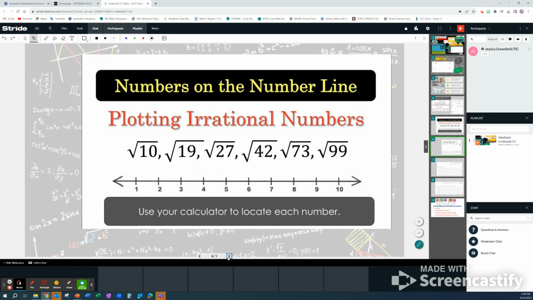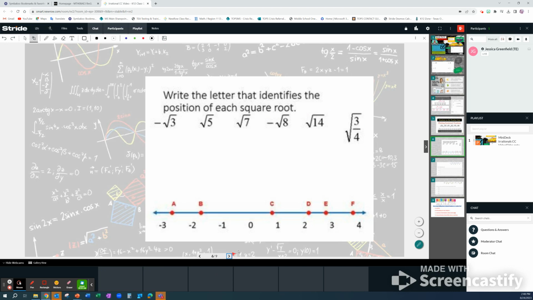All right, so just kind of skipping ahead. Write the letter that identifies with each of these positions. Well, in order to do this, again, you're going to need that calculator.